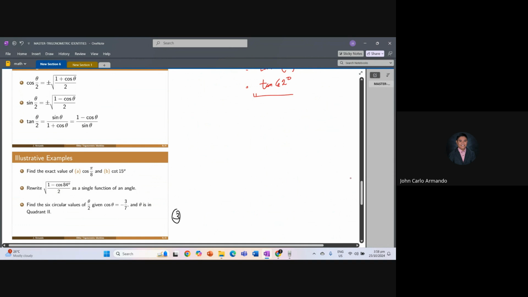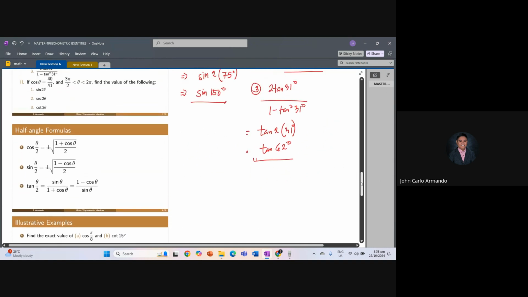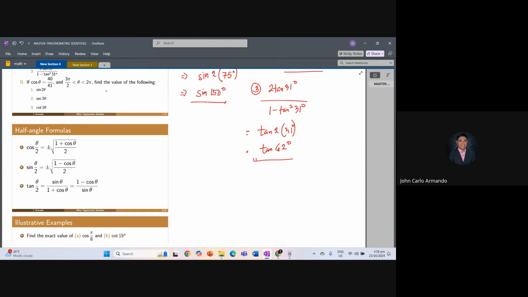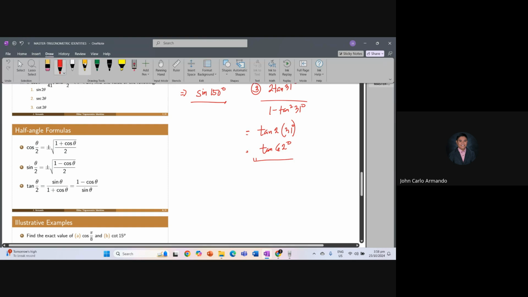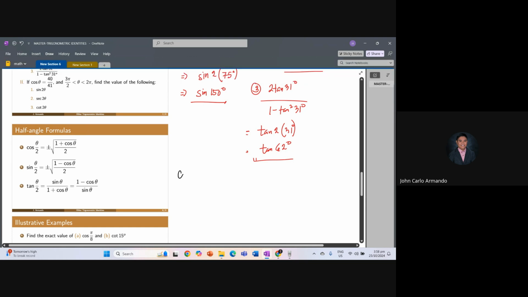If cosine theta is 40 over 41 and theta is between 3 pi over 2 and 2 pi, find the value of the following. So it's a given: cosine theta is 40 divided by 41 and theta is between 3 pi over 2 and 2 pi.